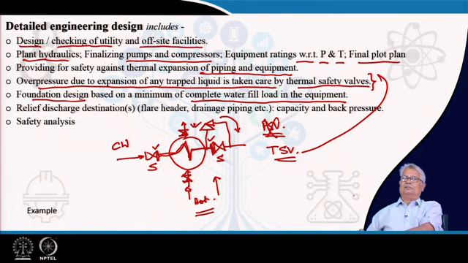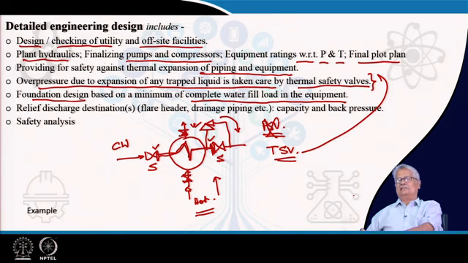Now comes the consideration for safety, which relates to the relief discharge destinations. The relief is against overpressure, and here when I am talking about the destination, it has to be a safe disposal.